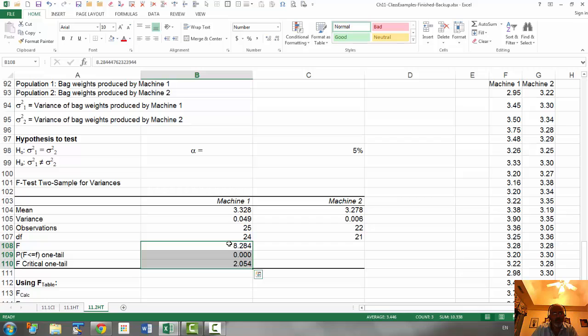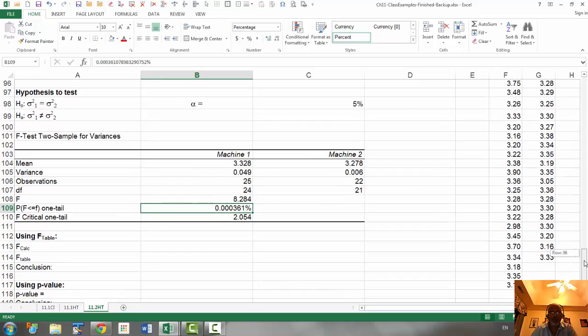Then we have the calculated F value, and then the one-tail probability. That's the one-tail p-value. And if you want the two-tail p-value, all you have to do is simply multiply that by 2, and we will get the p-value for a two-tailed test.